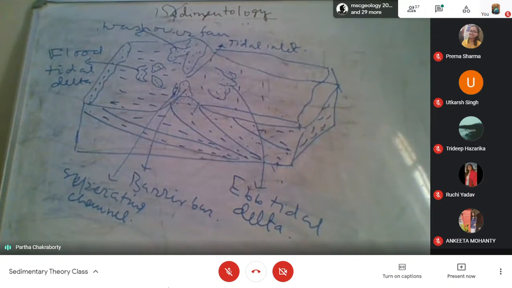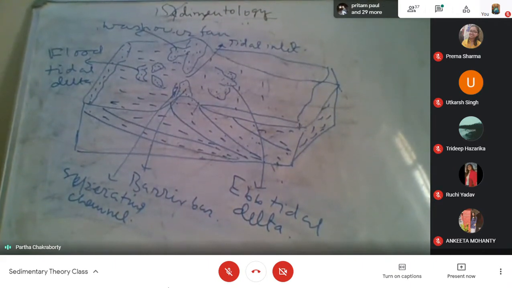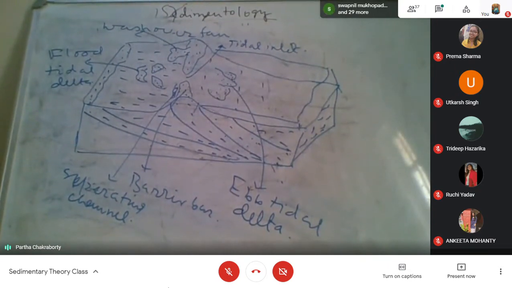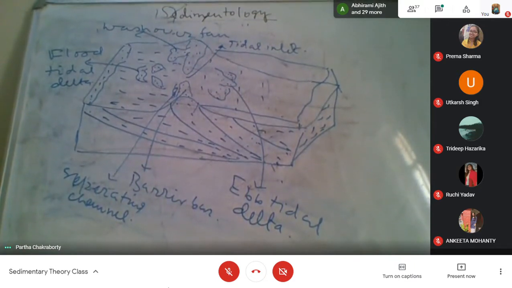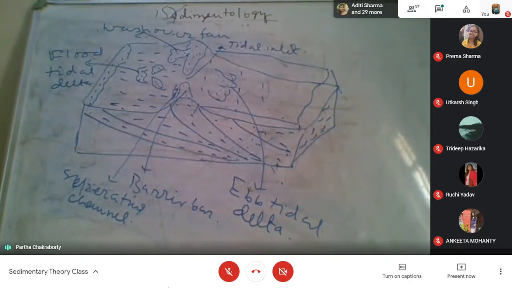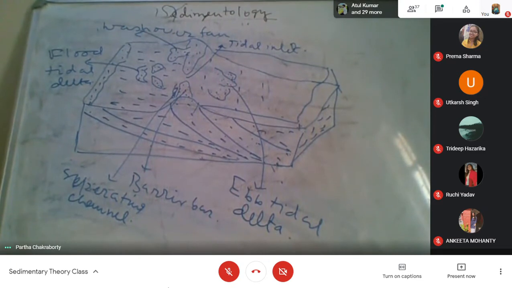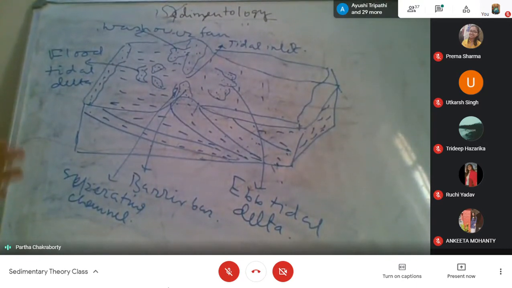At what interval will the bar be dissected? That fully depends on the tidal range. You know what tidal range is? It is the difference between the high tide and the low tide. Depending on the tidal range, you have different dissection intervals of the barrier bar.